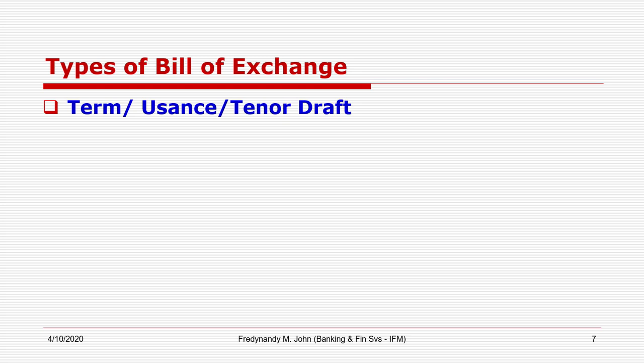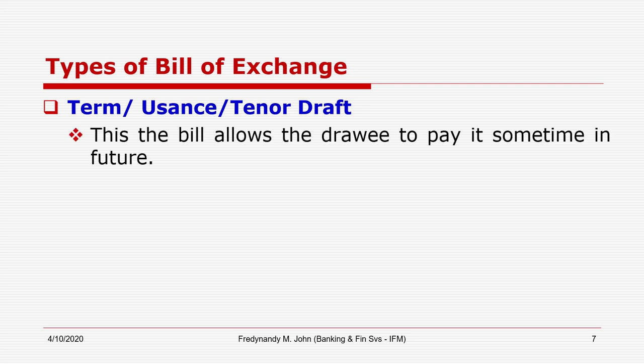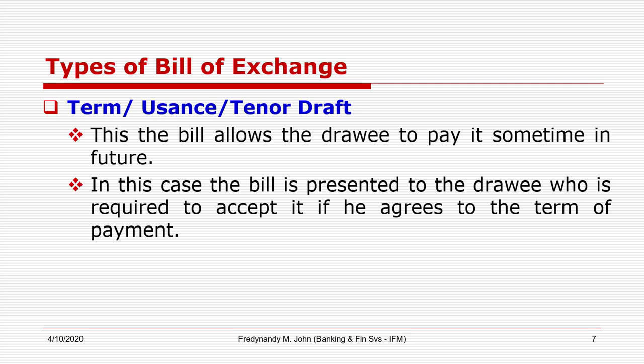The other type of bill of exchange is known as the term, usance or tenor draft. Now, this type of bill of exchange defers payments. That is, it allows some time to pass before the drawee could make payments.